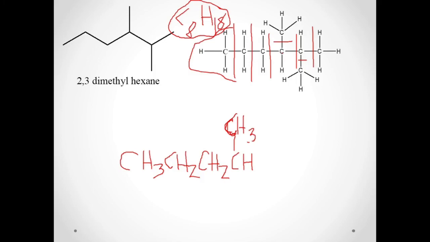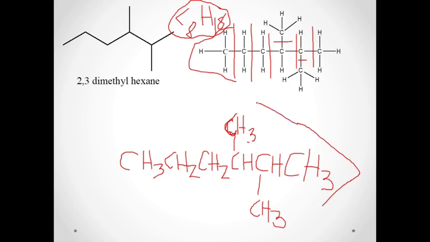The next one is you have a CH, that portion there, and this C is bonded with another CH3. Then you have the last portion, which is CH3. Then you're done.